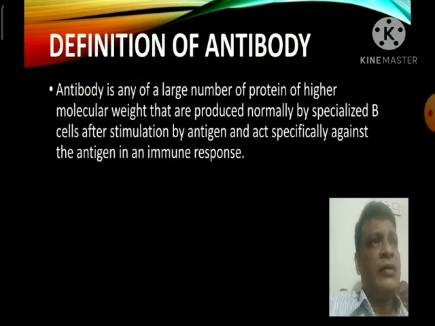Some of the B lymphocytes differentiate into plasma cells, which are responsible for production of antibody, and some differentiate into memory cells, and the memory cells are more active when this same antigen enters our body.